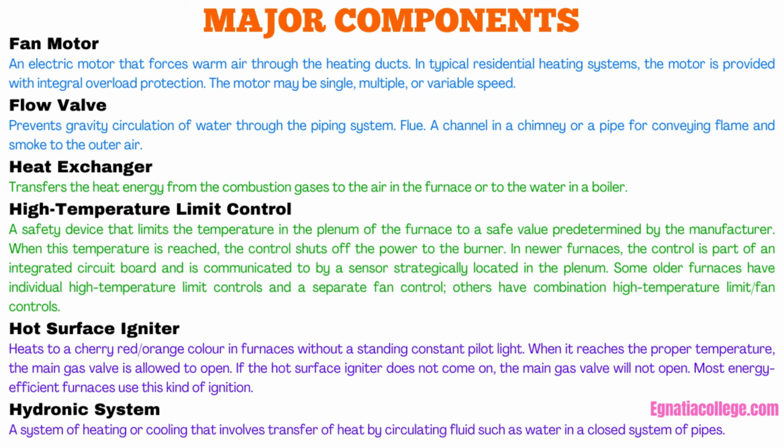A channel in a chimney or a pipe for conveying flame and smoke to the outer air. Heat exchanger. Transfers the heat energy from the combustion gases to the air in the furnace or to the water in a boiler. High temperature limit control. A safety device that limits the temperature in the plenum of the furnace to a safe value predetermined by the manufacturer. When this temperature is reached, the control shuts off the power to the burner.